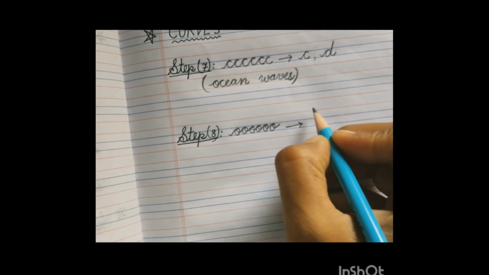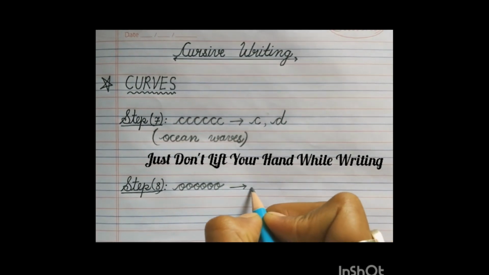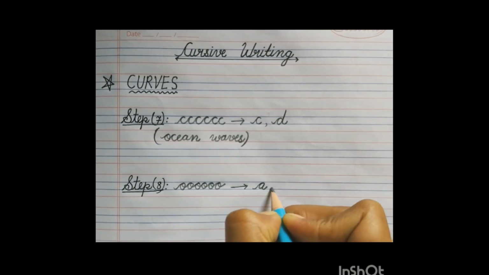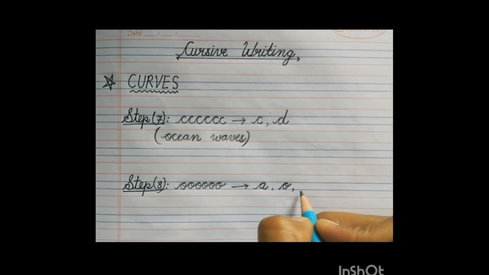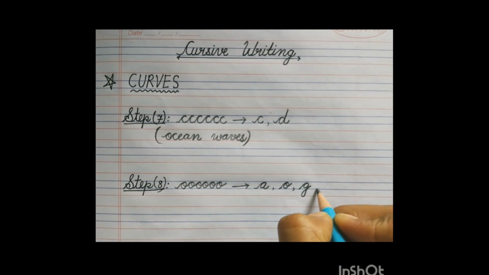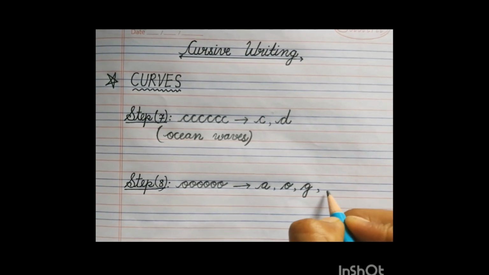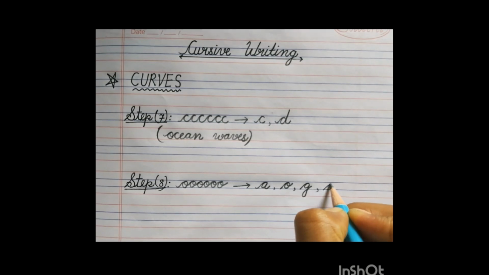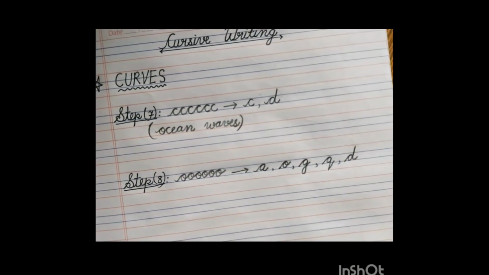Using this we can write the alphabets A, O, G. You can see that in G we have used the lower loop. Then Q, then D. That's it.